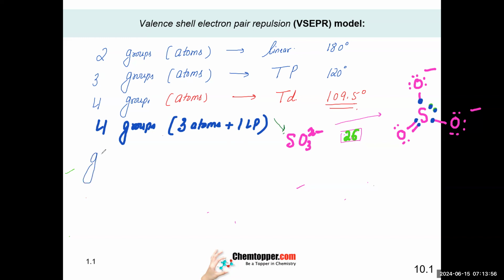What is the meaning of groups around the central atom? Groups around the central atom means atoms on the central atom plus lone pairs. So this species has 4 groups. 4 groups means tetrahedral. Let's make it tetrahedral. Tetrahedral is like this. Make a double bond with one of the oxygens, and single bonds with the other 2.